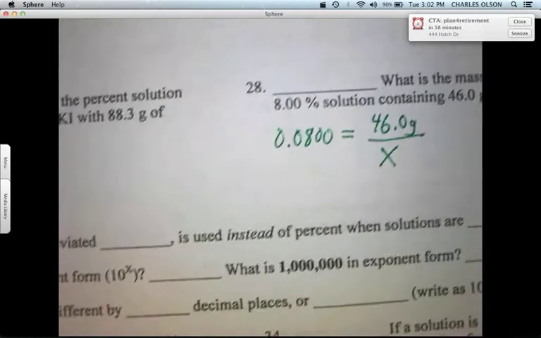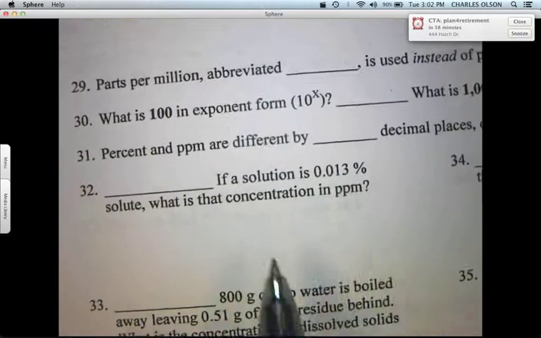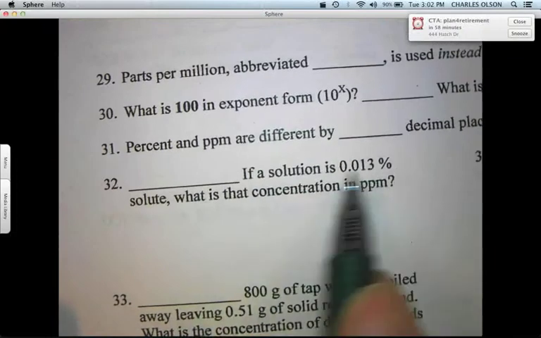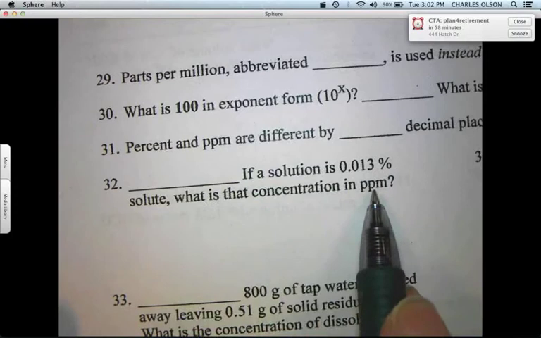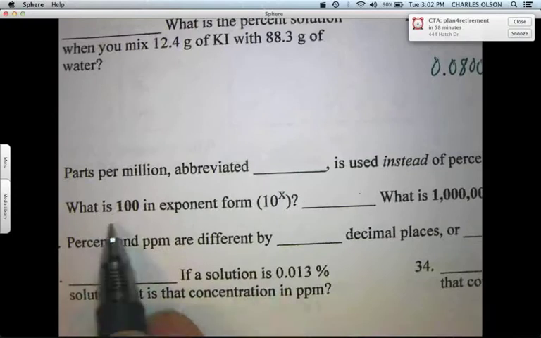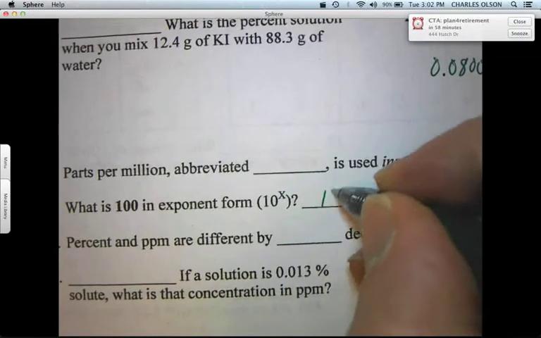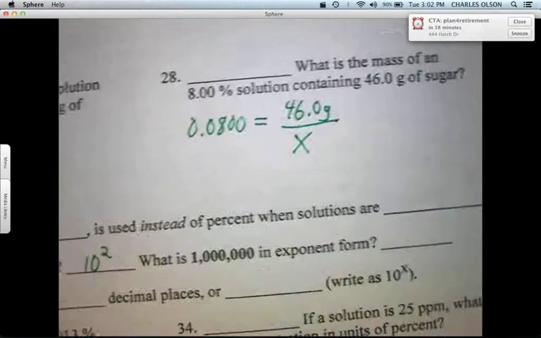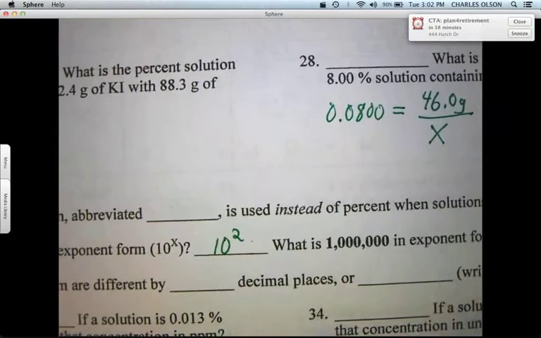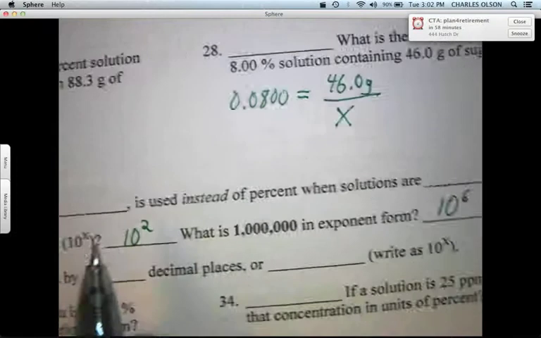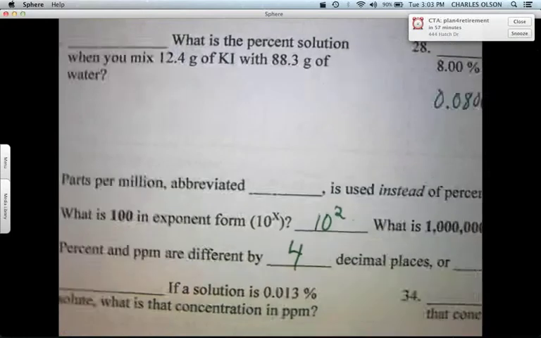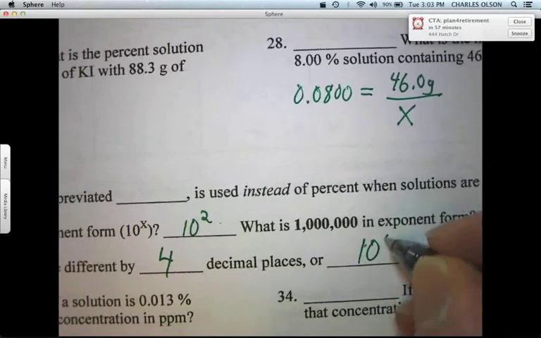Now let's do a parts per million one. This first one has a percentage, and it asks what's the concentration in ppm. So, this connects back to 100 parts per 100, that's 10 to the 2. Parts per million, that's 10 to the 6th. So they are different by 4 decimal places, or, as a power of 10, 10 to the 4th.